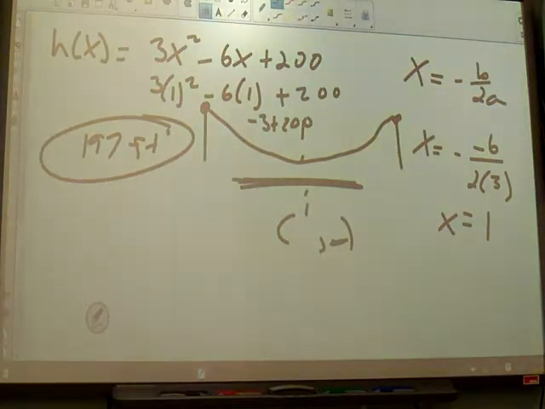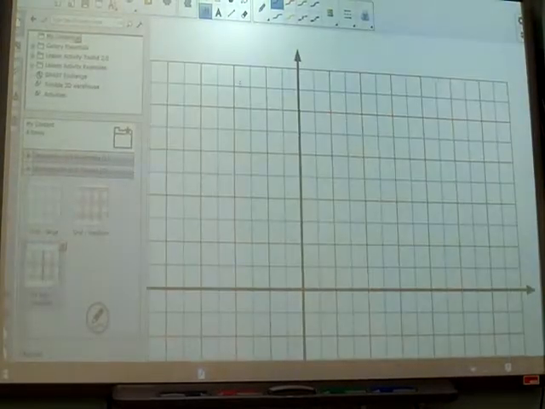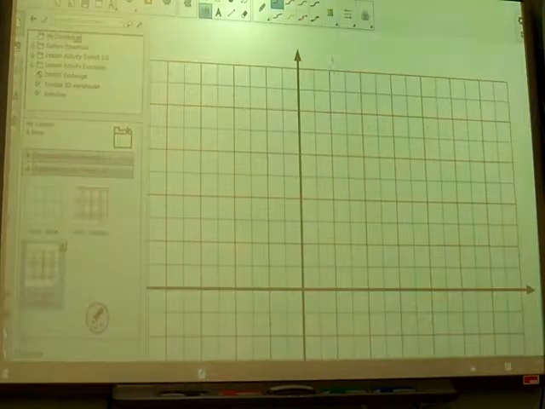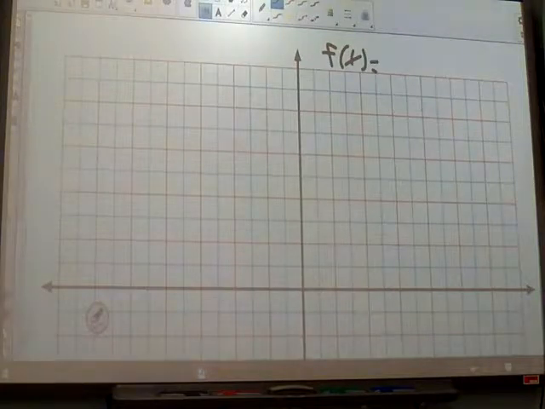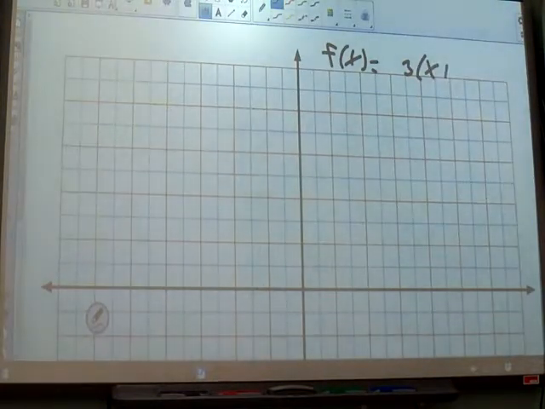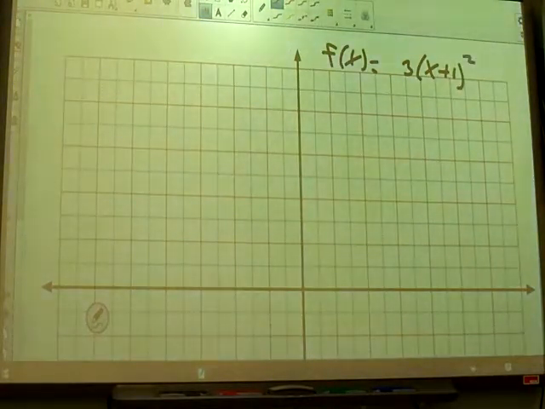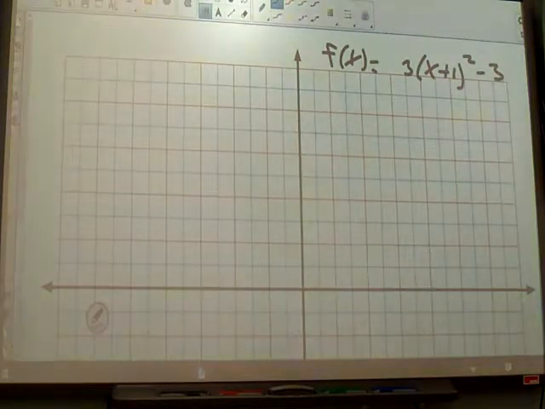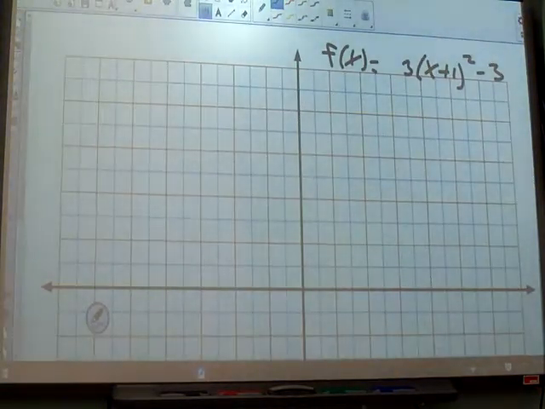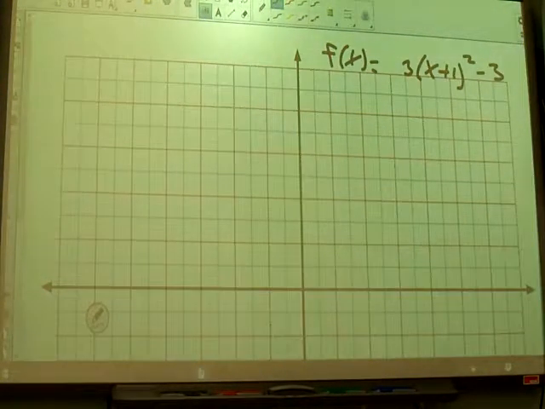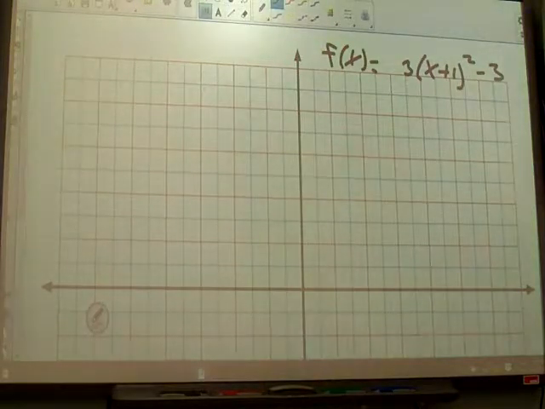Alrighty, number 12. I can just get a piece of graph paper right quick. All right, so here on number 12, it tells us to graph that. It asks us to label the vertex and the axis of symmetry.